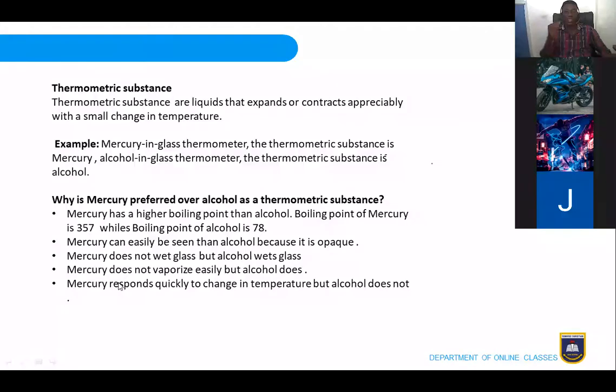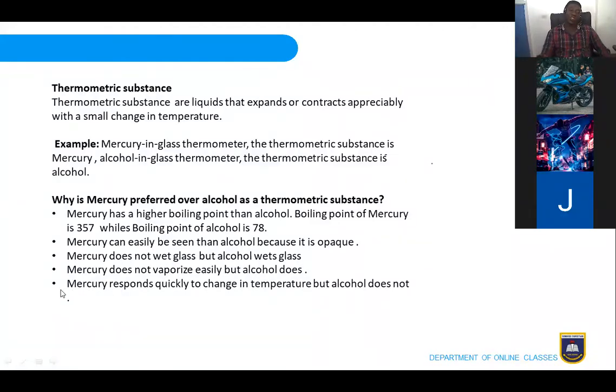But mercury takes a very long time. You have to boil it to above 357 degrees Celsius before it can begin to vaporize. So that's another advantage of using mercury as your thermometric substance as compared to alcohol.